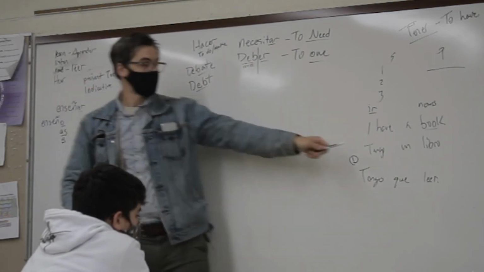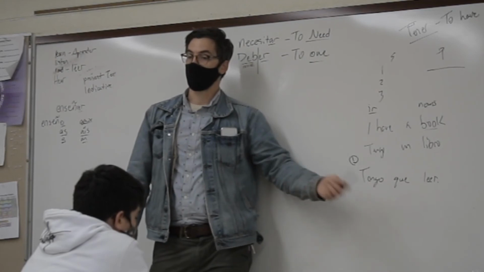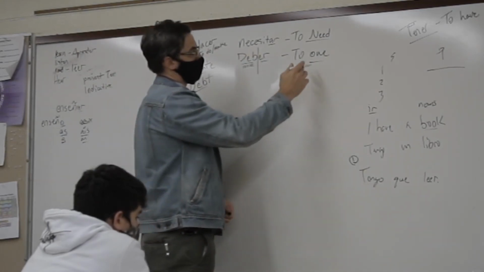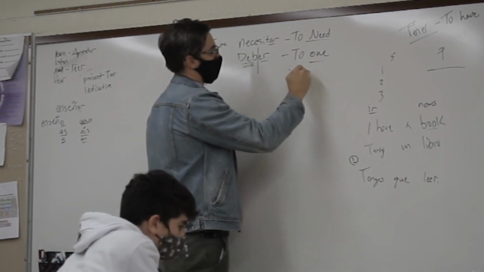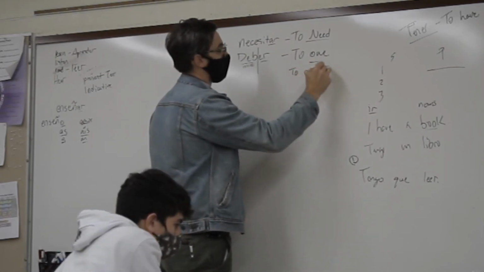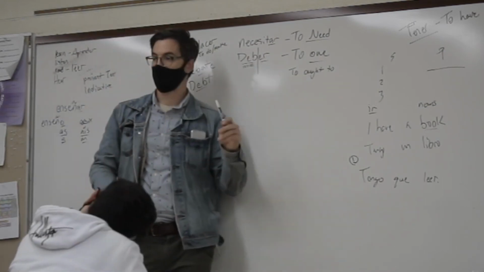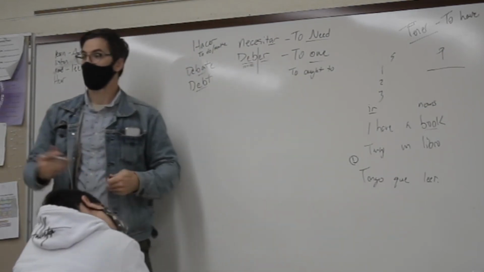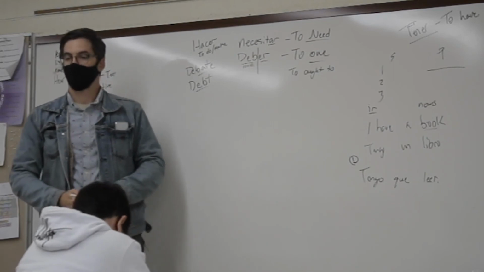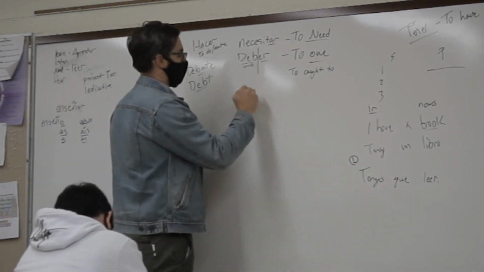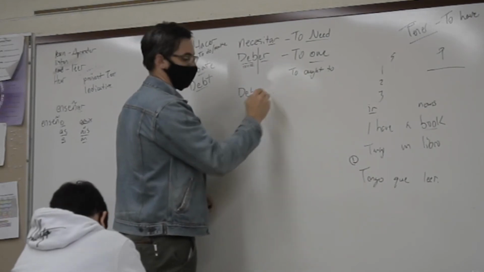Placing a verb after, just like these, instead of a noun. And then it doesn't exactly mean, in English, it doesn't translate to owe. It would translate to ought to. Which doesn't really make sense as a literal translation. But that's the idea. So I ought to do something, which is then a verb. So let's make an example sentence. Debo. Let's see.